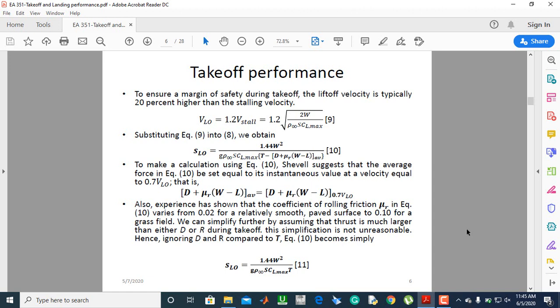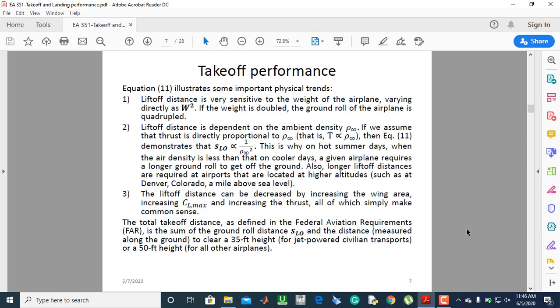So this expression shows that the lift off distance is equal to 1.44 the weight squared divided by the gravitational force multiplied by the density, area, lift coefficient, and thrust.